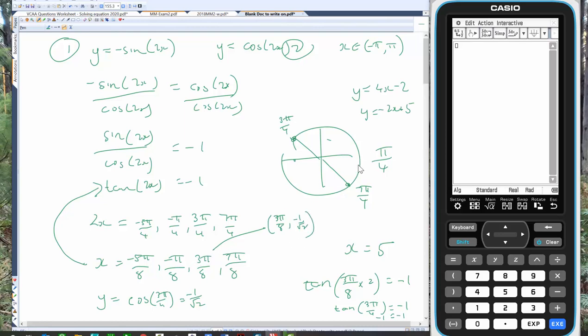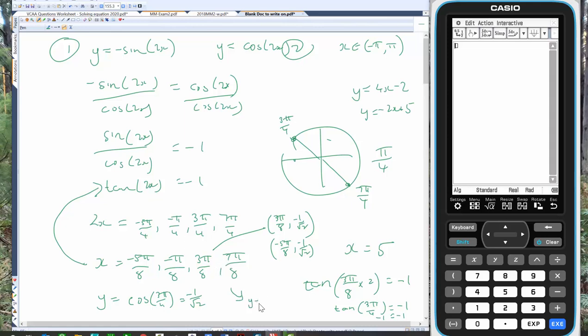That's 3 pi on 8, negative 1 on root 2 is that one there. Now, because when I go around this direction here, I'm going to get to the same point, that's going to be exactly the same solution. So that's going to be negative 5 pi on 8 and negative 1 on root 2. Now, these ones here, I wonder whether they're going to be the same value. I'm not 100% sure. So let's put it into cosine.